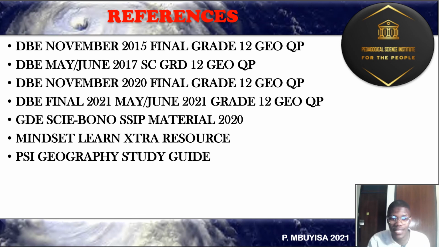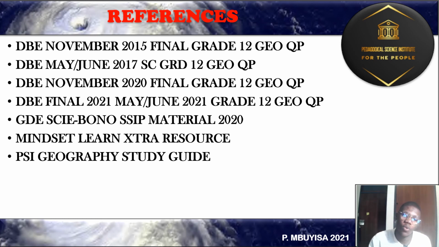Now here is a list of references, looking at where we got the questions we looked at in this session. So we looked at a question from the November 2015 final grade 12 geography question paper. You can look at it for more questions on other sections and for a better understanding of some of the questions. The DBE May June 2017 senior certificate grade 12 geography question paper, November 2020 final question paper, and the latest paper is the May June 2021 grade 12 geography question paper.